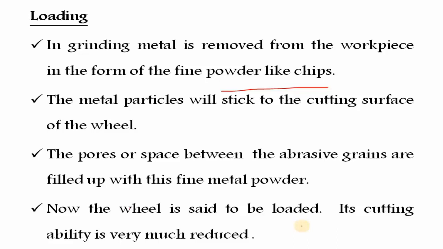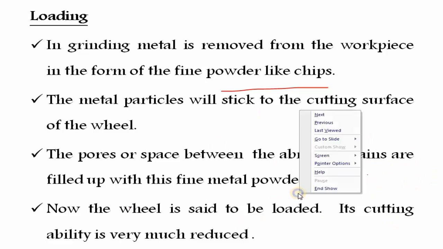Each and every particle has some space, and the chips are placed in those locations. If you give a very high speed on very hard metal, the metal chips are removed, but the cutting edges are also immediately damaged. So both sides have some drawbacks.